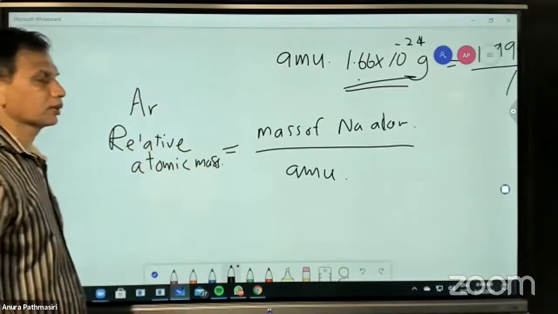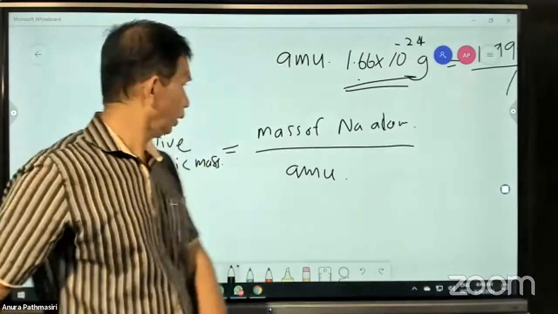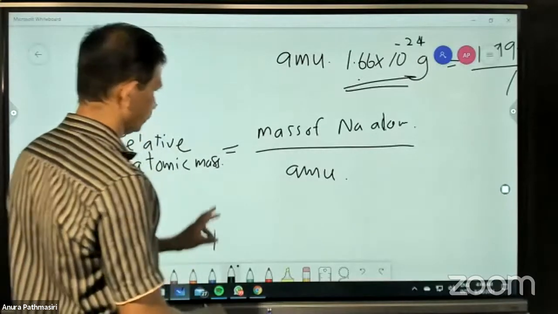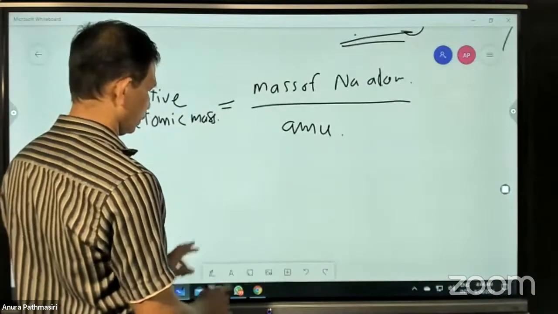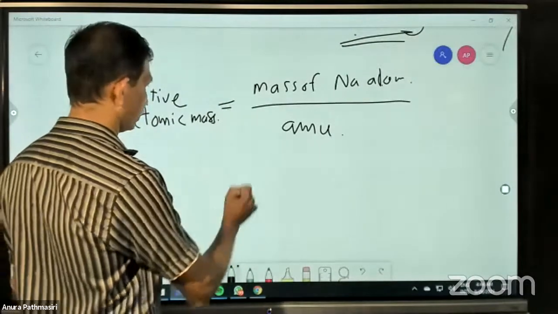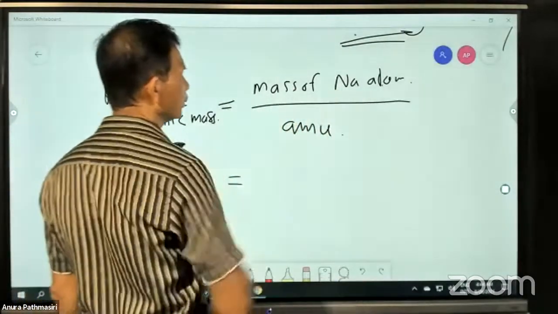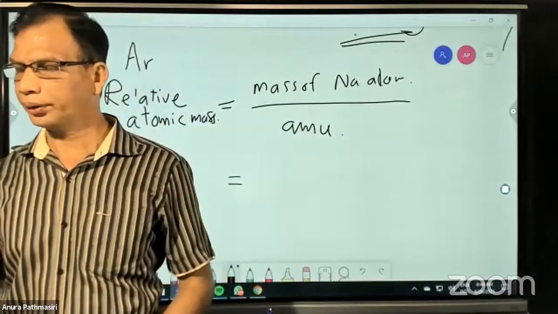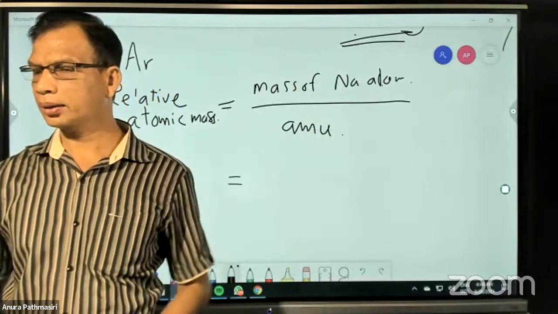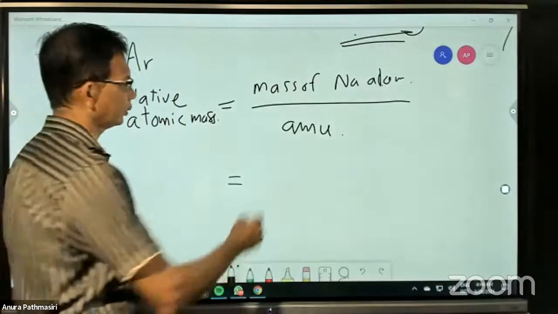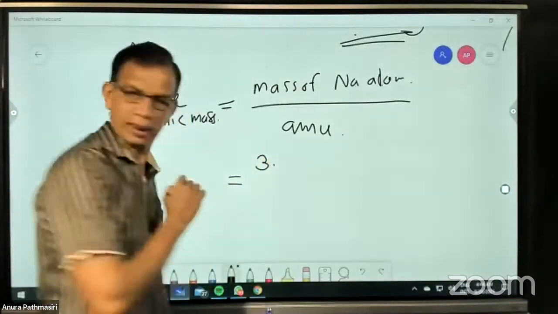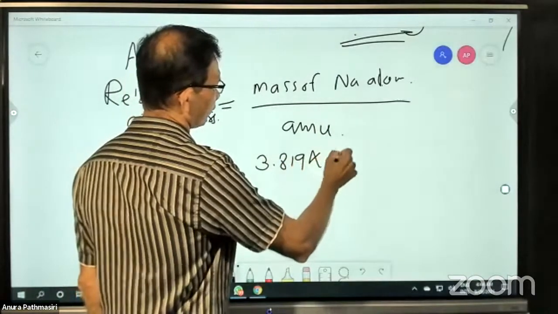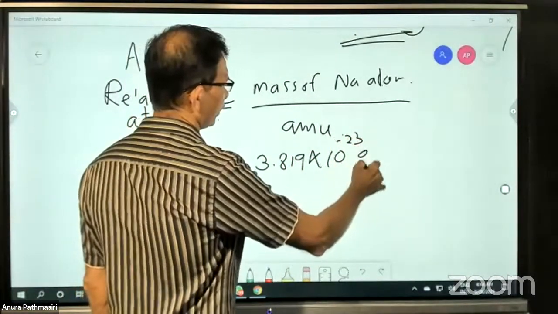Relative atomic mass, right? Now we can write it like this. The mass of a sodium atom has been given in your book. It is 3.819 times 10 to the power negative 23 grams.